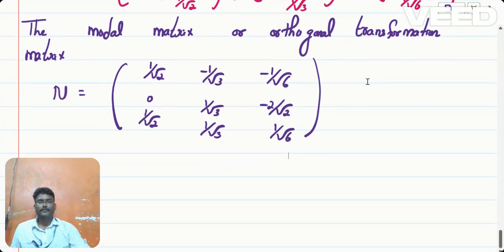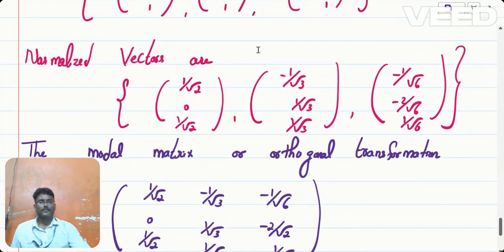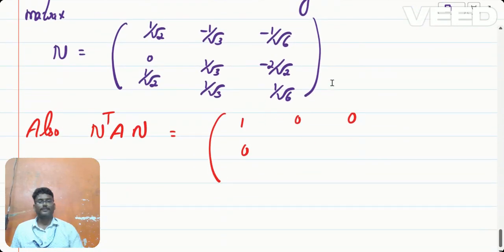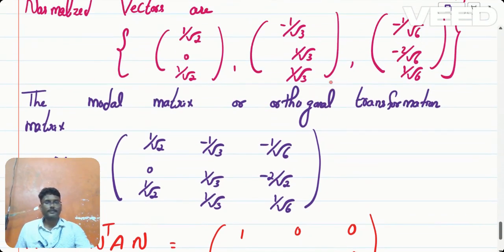Also N transpose A N will be equal to 1 0 0, 0 minus 2 0, 0 0 1.